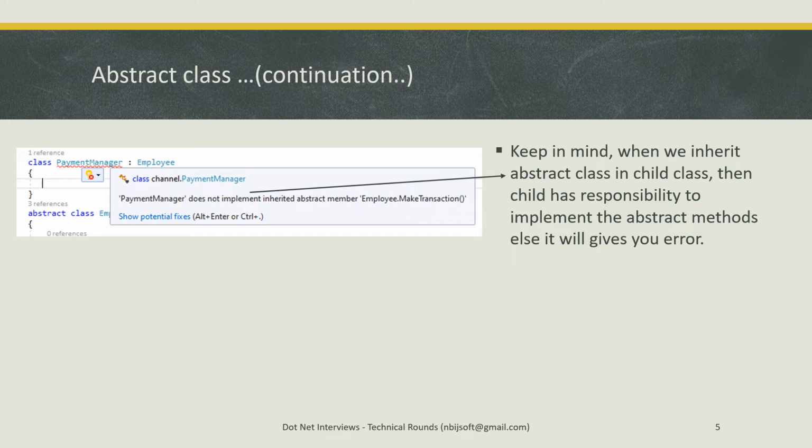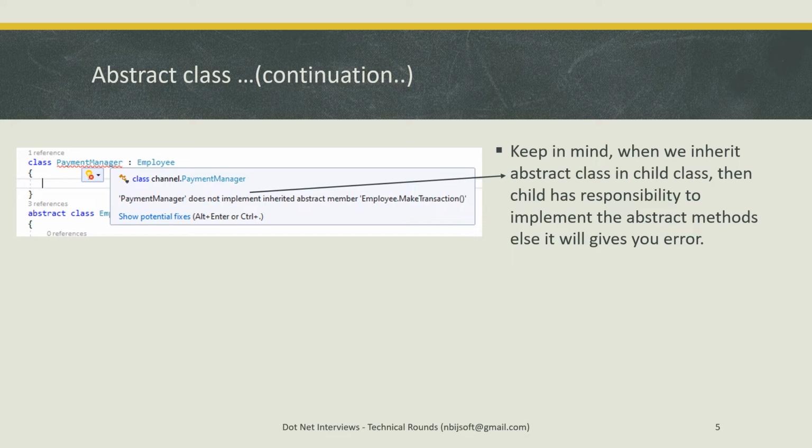The next rule of an abstract class says that when we inherit an abstract class in a child class, the child has the responsibility to implement the abstract methods, else it will give you an error.